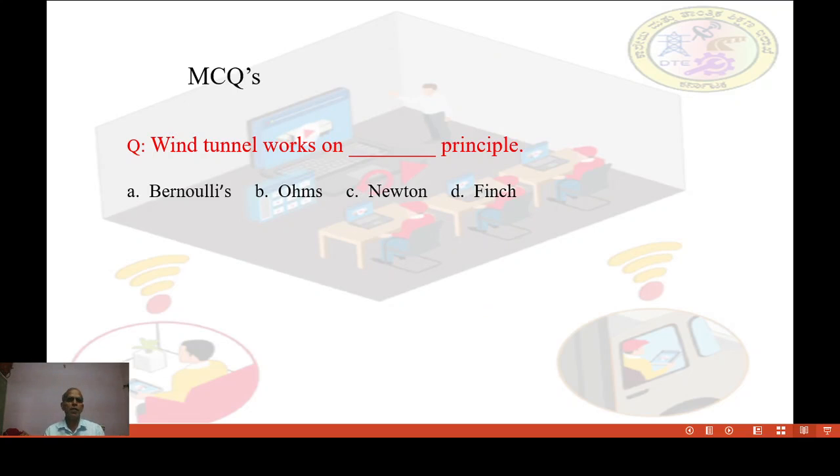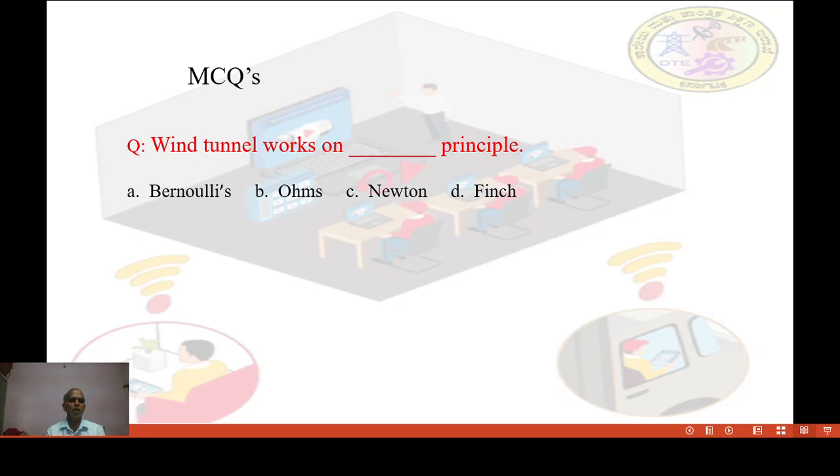For your study purpose, I will give some multiple-choice questions. Question number 1: a wind tunnel works on dash principle, meaning on which principle it will be working.